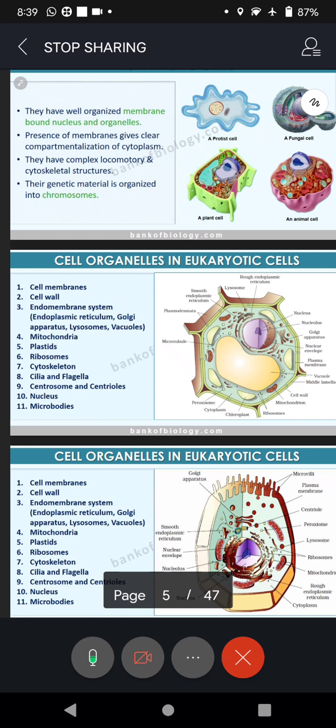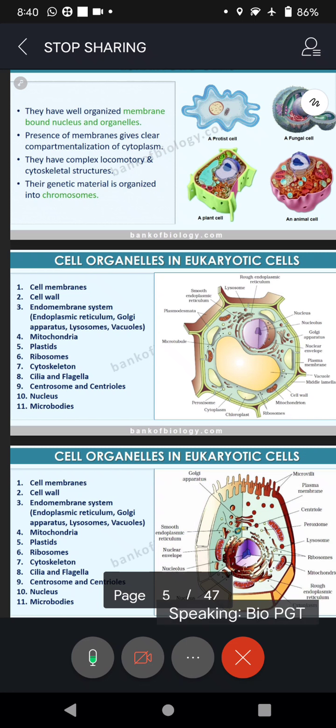So basically you have some chemical compounds. Those chemical compounds make a gene, and gene portions together make DNA and RNA. DNA and RNA together make chromosomes. Chromosomes will be present in the nucleus. This is how the organization goes on.